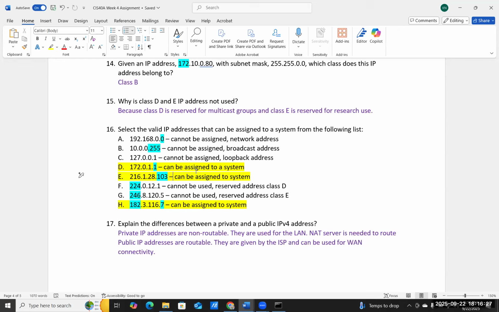So now, let's talk about the difference between private and public IP. As you know, everything on the internet, like cloud servers, domains, and web servers that you can reach like google.com, uses public registered addresses.